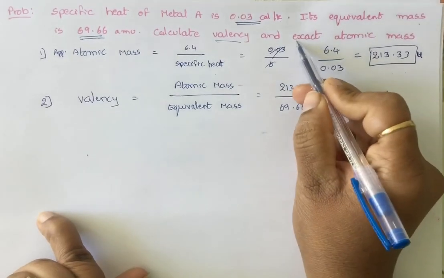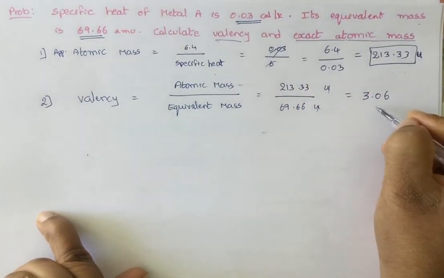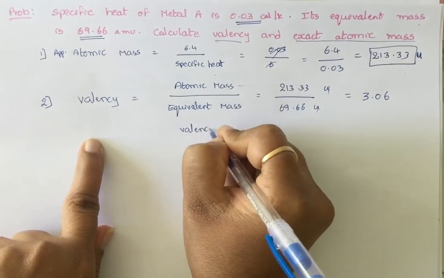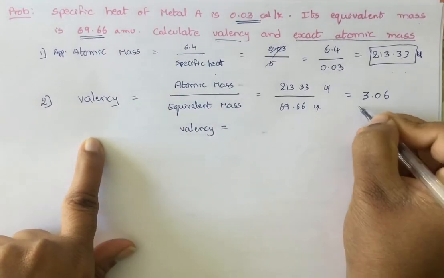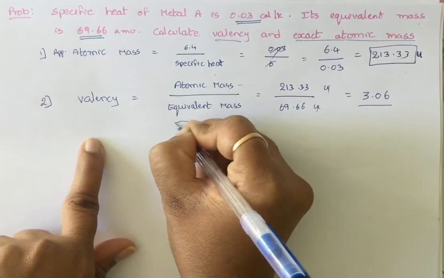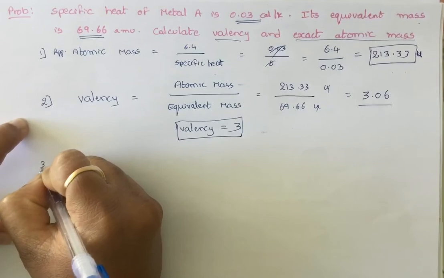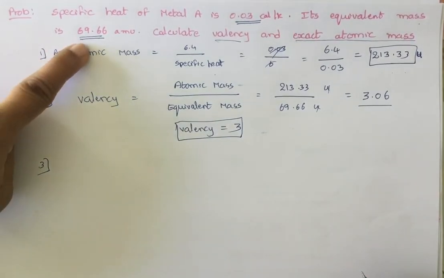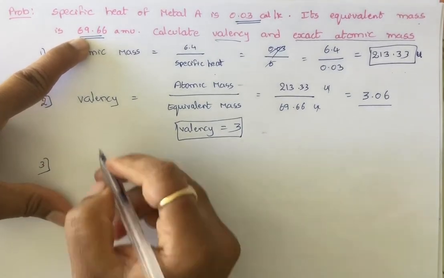But they are asking for the exact atomic mass also. What I have to do is equate the valency to the nearest whole number. The nearest whole number is 3. So valency is 3. Now substitute the valency value and the equivalent mass into the equation.